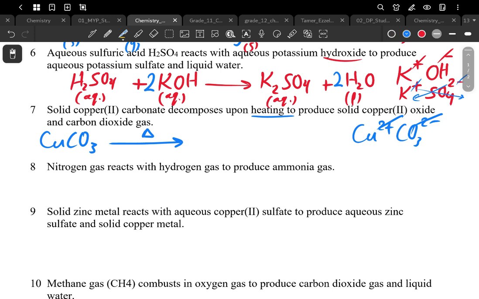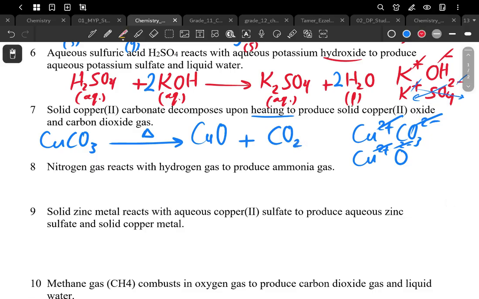Thermal decomposition means this compound breaks down using heat. Produces solid copper(II) oxide, copper 2 positive, oxide 2 negative, so they cancel each other, so CuO. This is the copper(II) oxide, and carbon dioxide gas has no charges, so CO2.